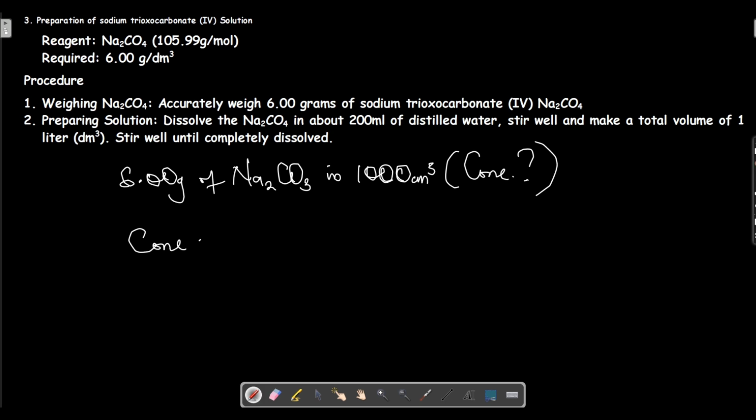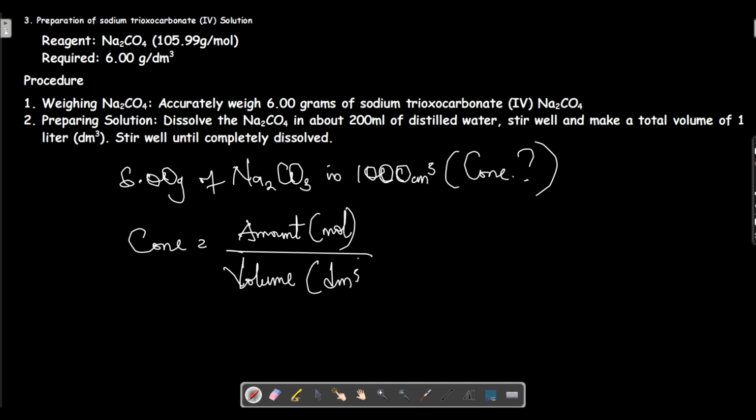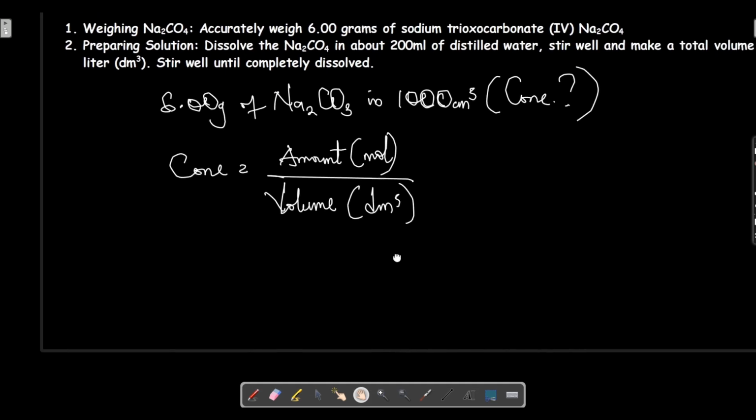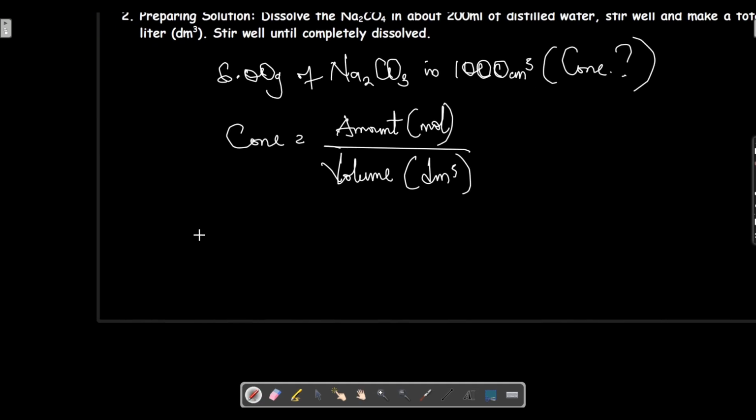We say concentration is equal to amount, which is in moles, over volume of solution, which is in dm cube. So now let's start first by looking for the amount, the mole. You know amount is calculated as mole is equal to mass over molar mass.